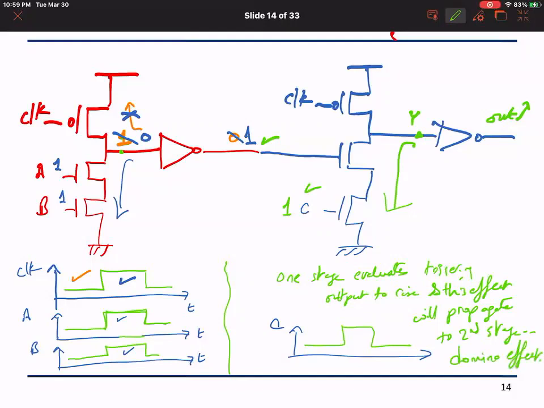One stage will evaluate, triggering the other to evaluate as well.